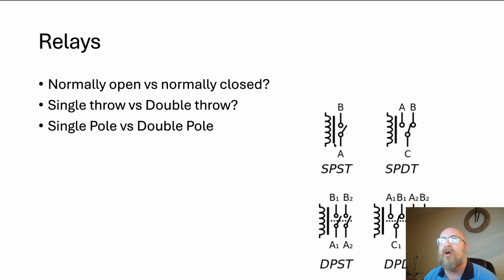This line shows a separation between the two. These are on different circuits. We would power this coil with a different circuit than this one. So it provides us that isolation to be safe when dealing with higher voltages, or to control something with a higher voltage using a very low voltage.